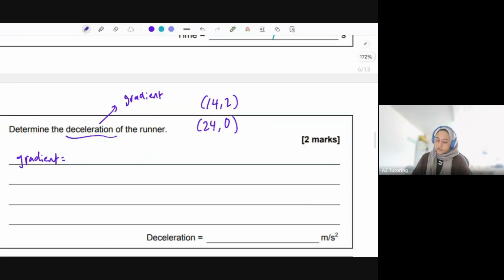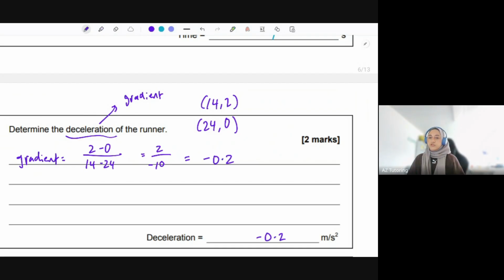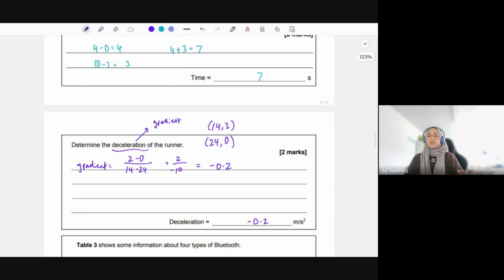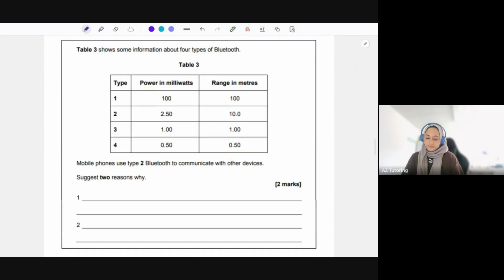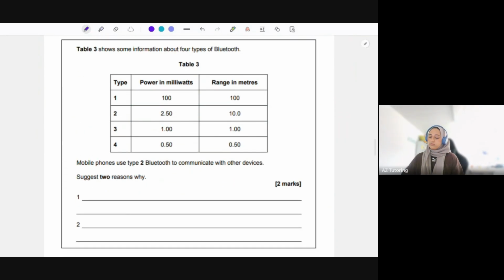Okay, so change in y, I'm going to do 2 minus 0 divided by 14 minus 24. That's 2 over minus 10, sorry, which is minus 0.2. So that's my deceleration. I expected a negative answer because it's a negative gradient going downwards. Okay, let's move on.